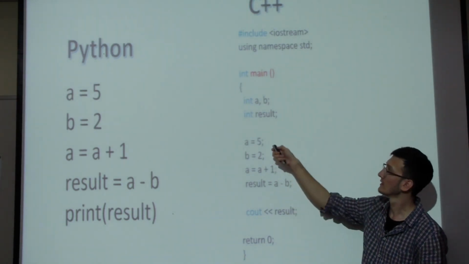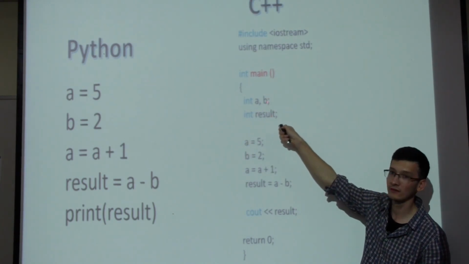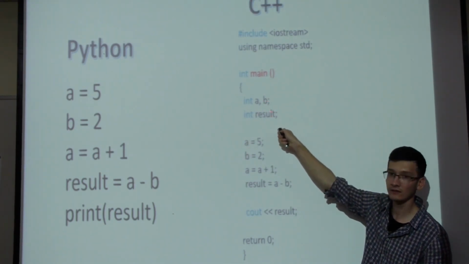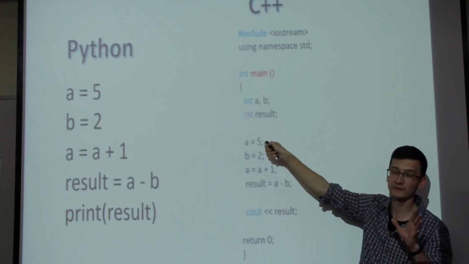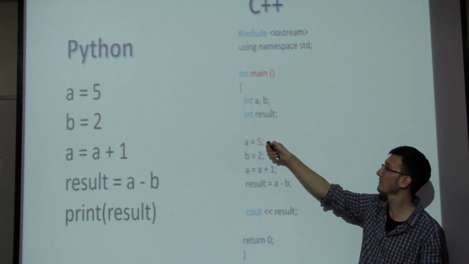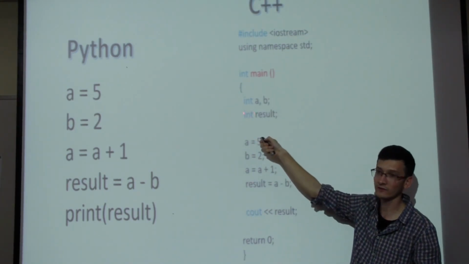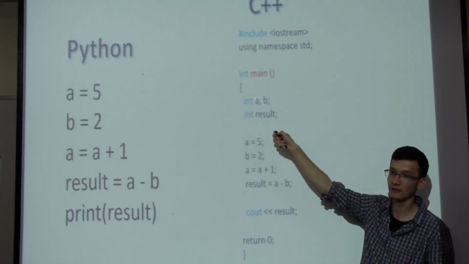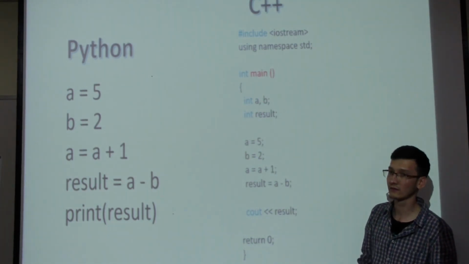Yeah, you are right. We can put result here after a comma, because these are the same data type, integer. If it were float, we cannot put it here. Or string.